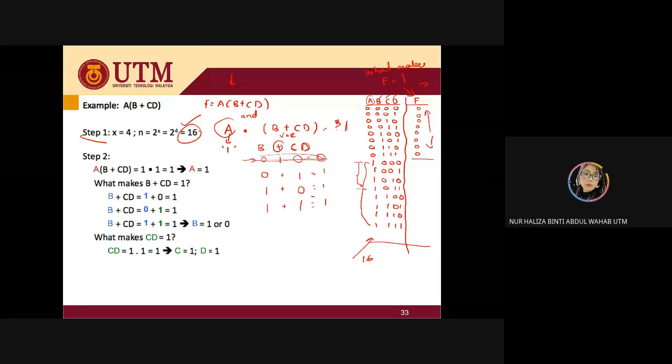So I see this C will be 0, this D will be 0. I am going to get 0. And then if there is C as 0, automatically it will be 0. 0 for my B, but my C is 1, is there a possibility for my D? No, because this is an AND gate. You need to have 1, 1 to be 1. But if you got 1, 0, you get 0, right? That's why you will get 0 here.